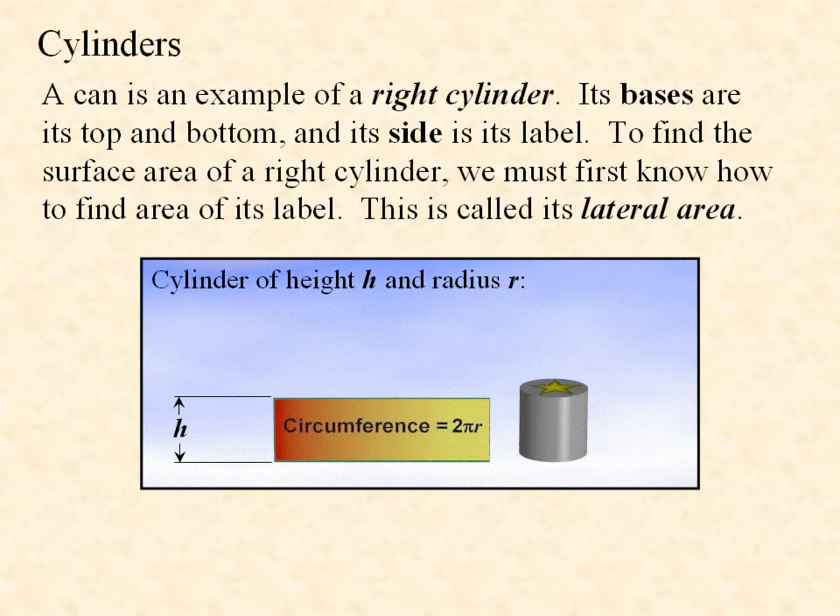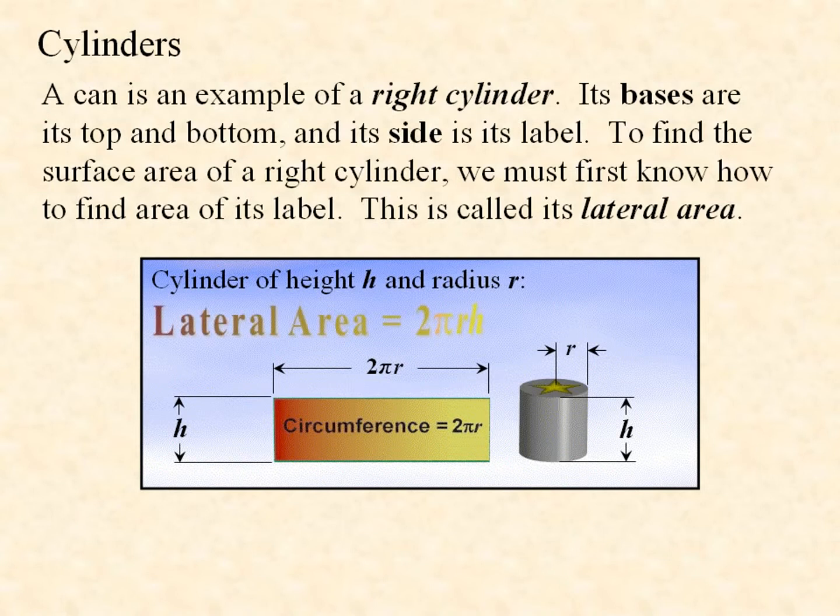The circumference of a circle is pi times the diameter, or 2 pi times the radius. So we can see that the label has a width of h and a length of 2 pi r, where r is the radius. That gives us the lateral area, which is 2 pi r times h, or 2 pi rh.